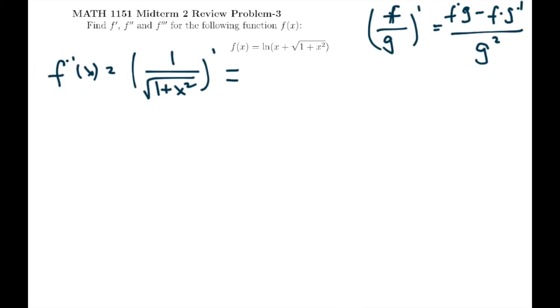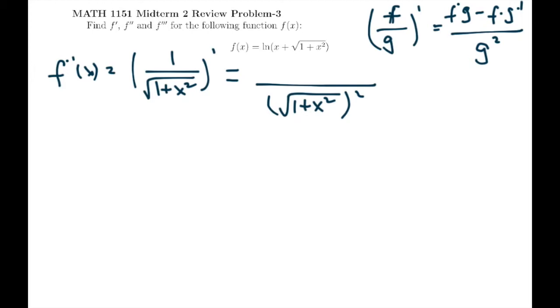Okay, so in our case, our denominator is square root of 1 plus x squared, and for the numerator it is just 1. Okay, so this is equal to the square of the denominator, that is just square root of 1 plus x squared, then square it.